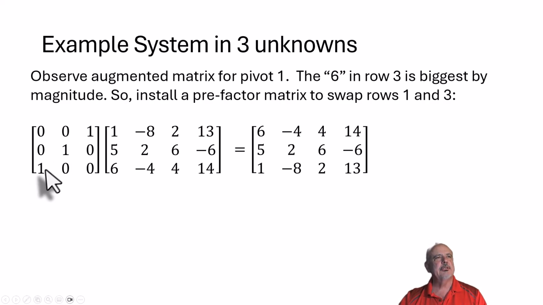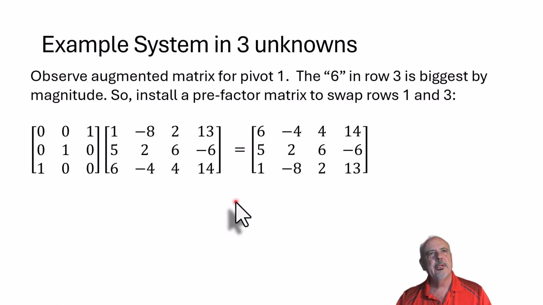You start with an identity matrix, and then you say, I want to swap the first and third rows. This is going to leave the second row unaltered. So that's exactly what happens. The 6, minus 4, 4, and 14 go to the first row. The 1, minus 8, 2, 13 go to the last row, and the second row stays the same. So that's what we want.